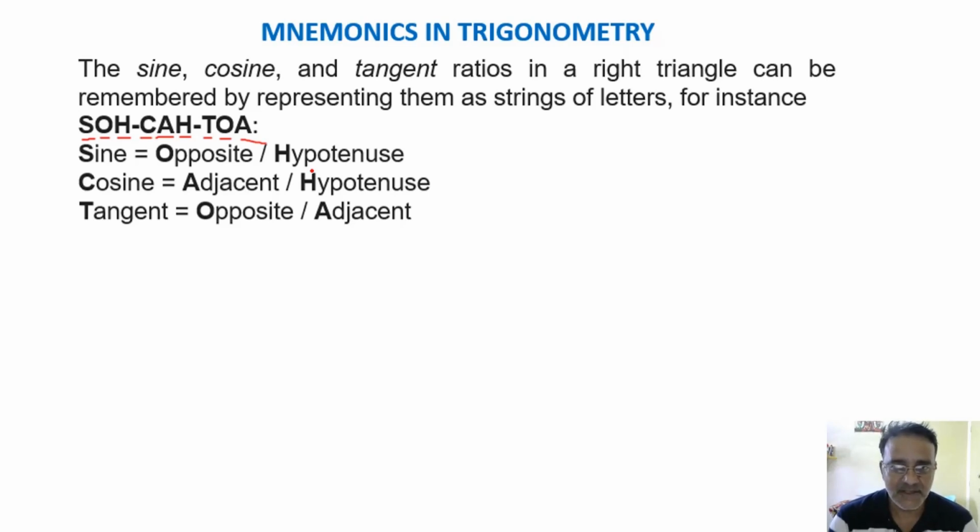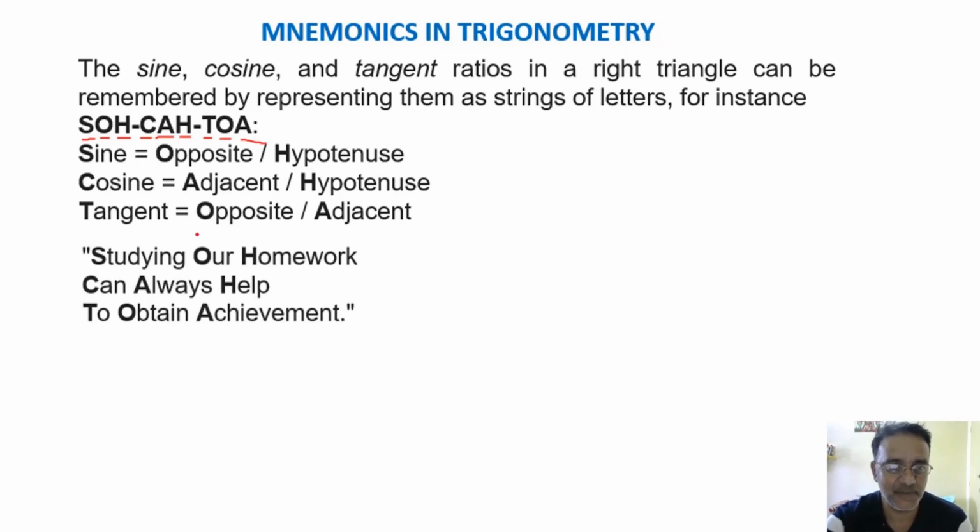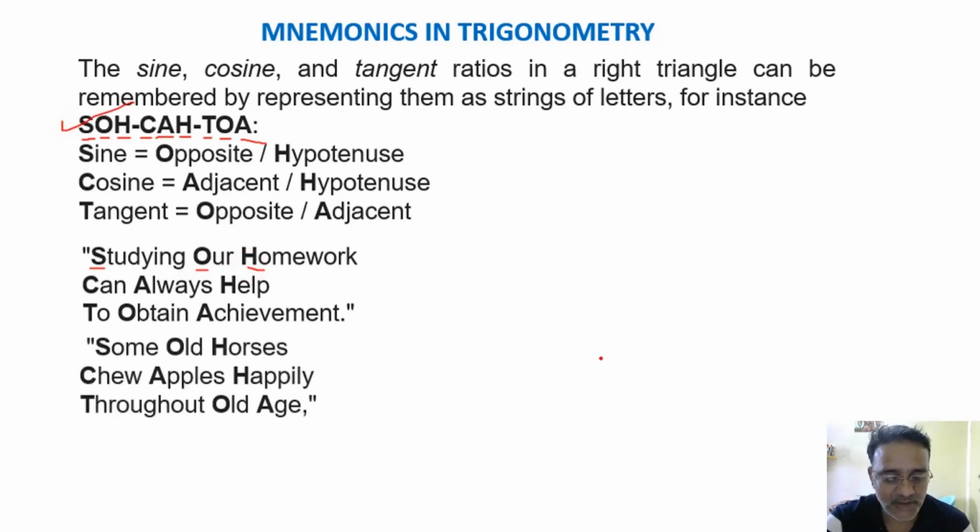Some strings of words are also there. See the first example: Studying our homework can always help to obtain achievement. We can take the first letter of each word, so it will form SOHCAHTOA. The second one: some old horses chew apples happily throughout old age.